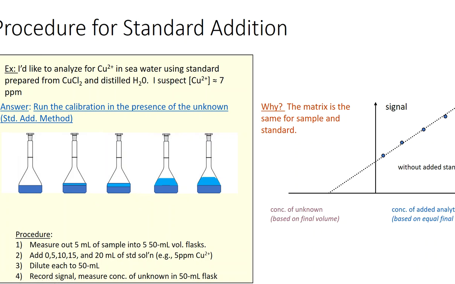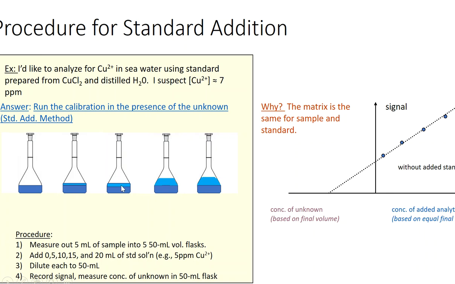In the first volumetric flask, we'll put no standard at all, and then we'll fill it up with pure water to the top. In our second flask, we're going to add 5 milliliters of a standard copper solution, and then we'll fill it up to the top.